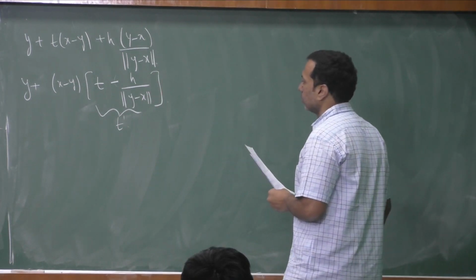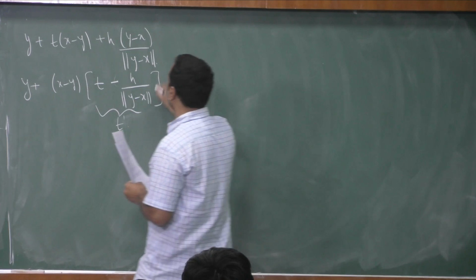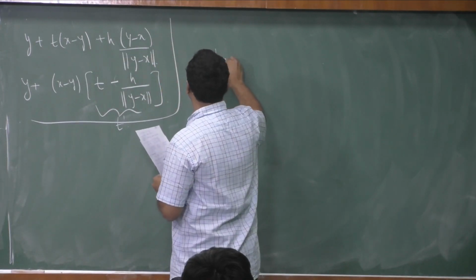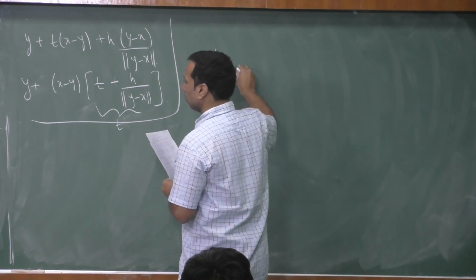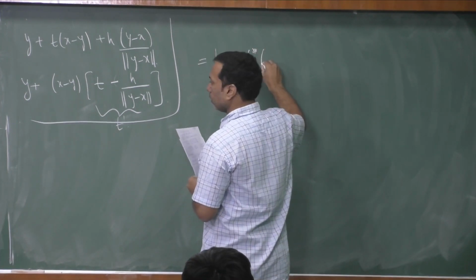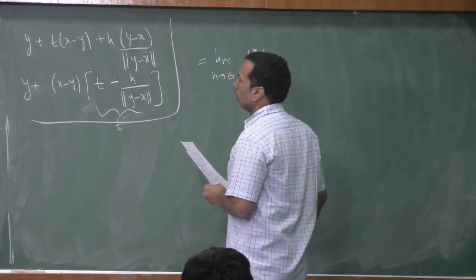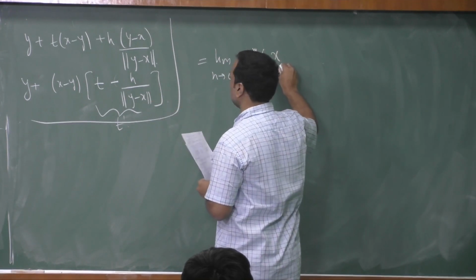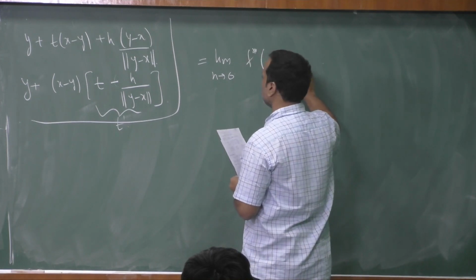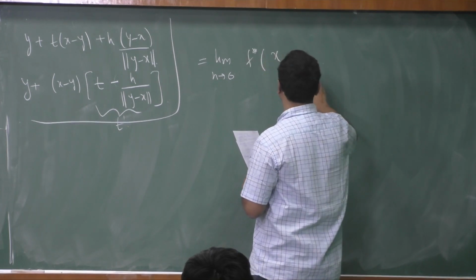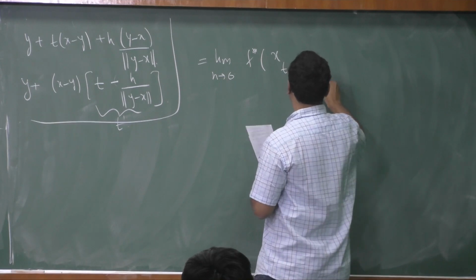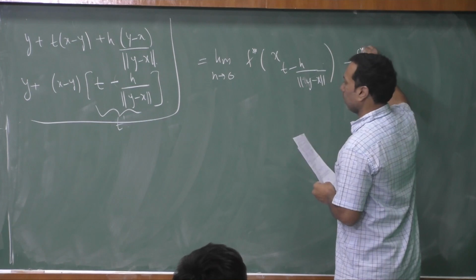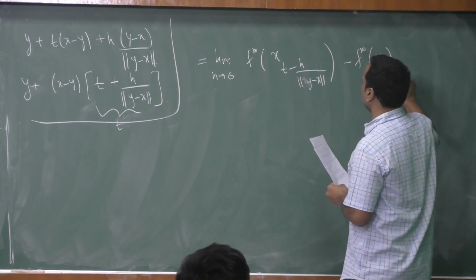Then we can put this in a box and follow the limit: the limit h tends to 0 of f star of x sub t, with t minus h by norm y minus x, which is our f star, and then minus f star xt divided by h.